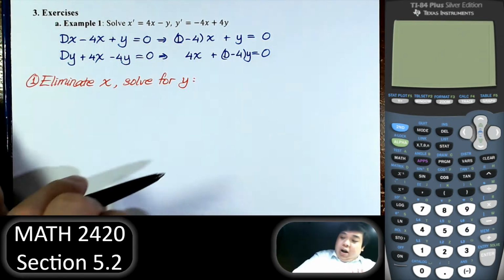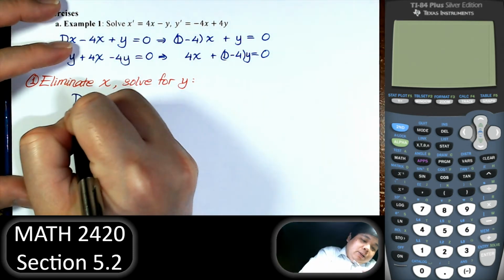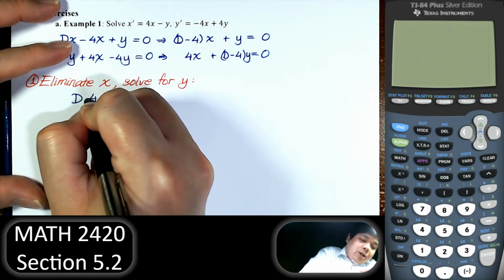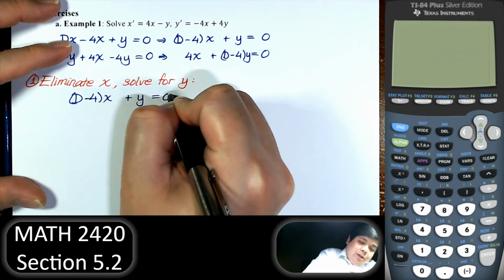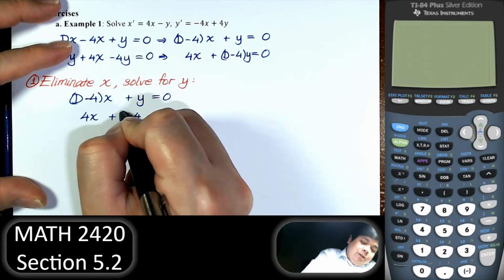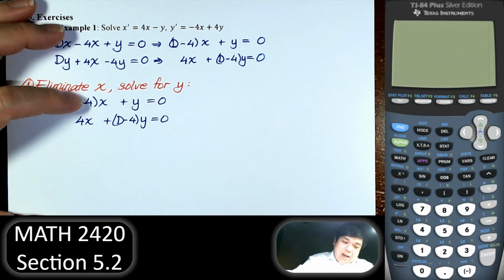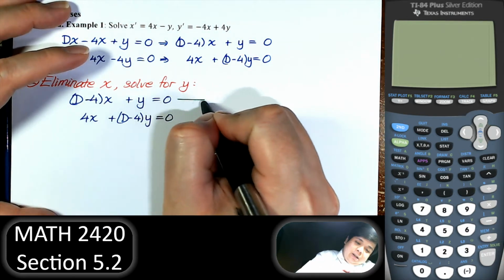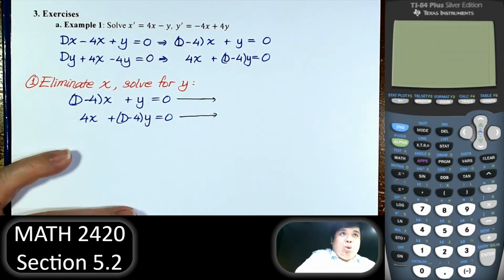So I will rewrite the system of equations. Right. Now we try to get the same coefficient, so I can combine side by side to eliminate x.